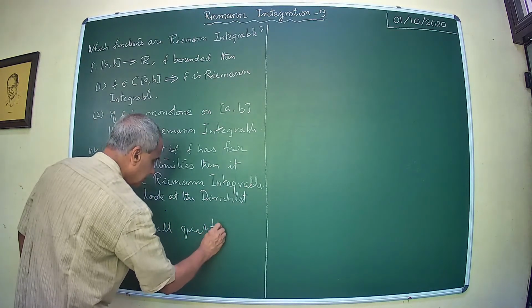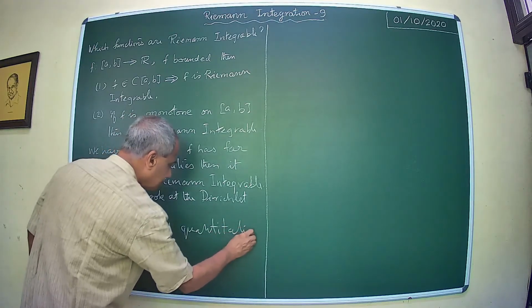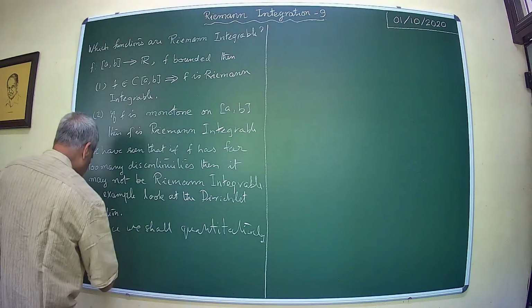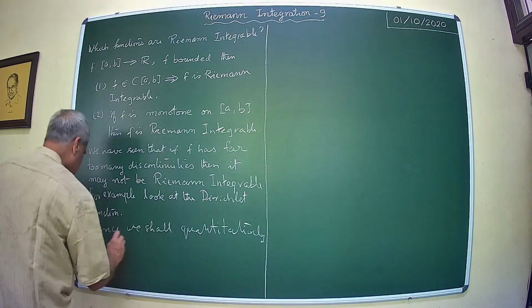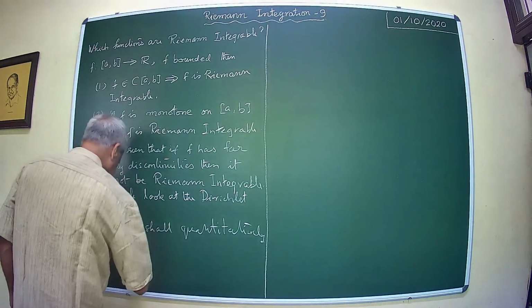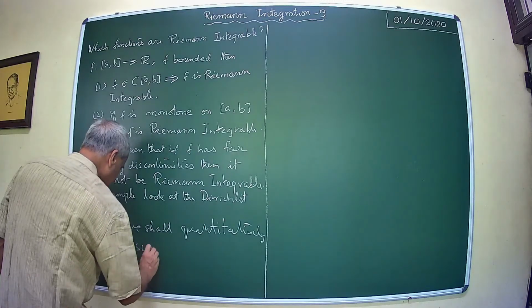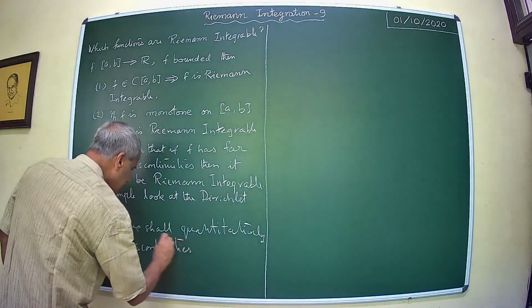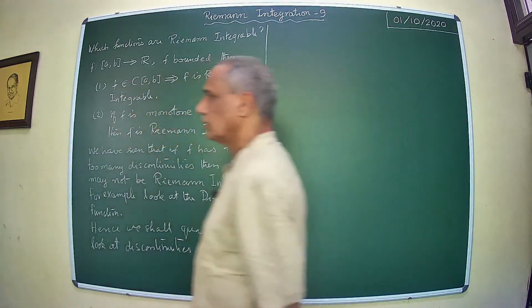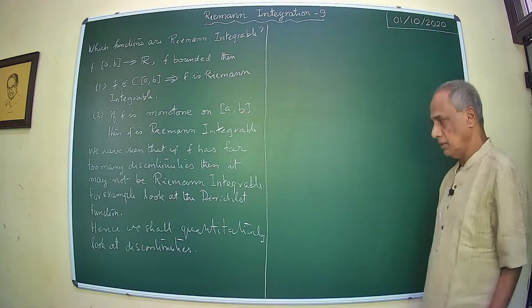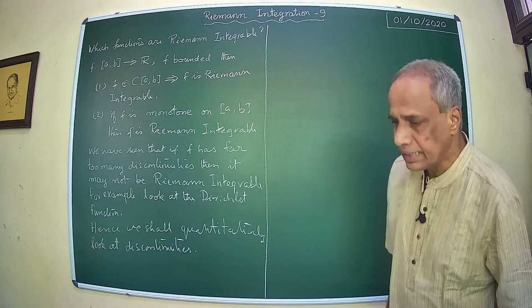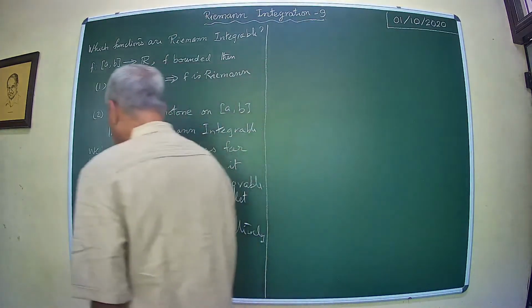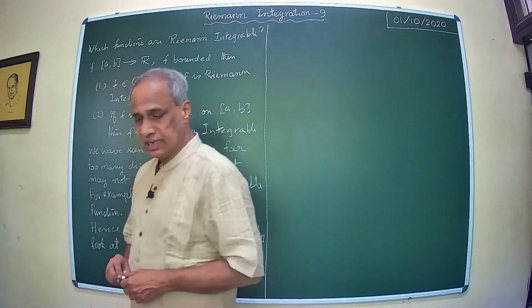Quantitatively, look at discontinuities. So that is how we started. So now, with this objective, we define what is called the oscillation of the function.